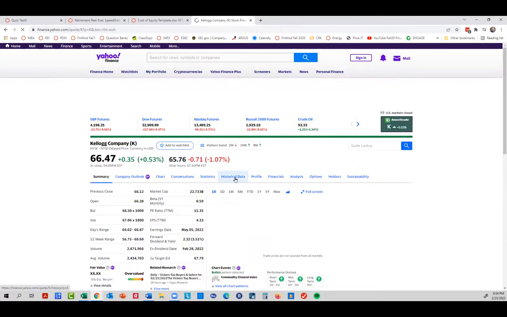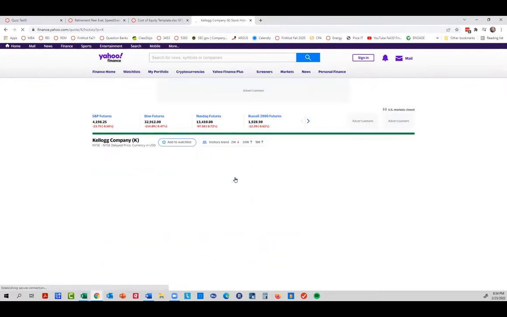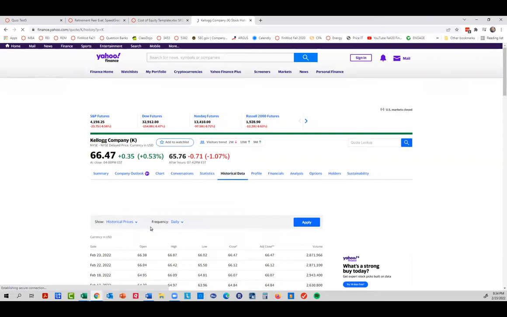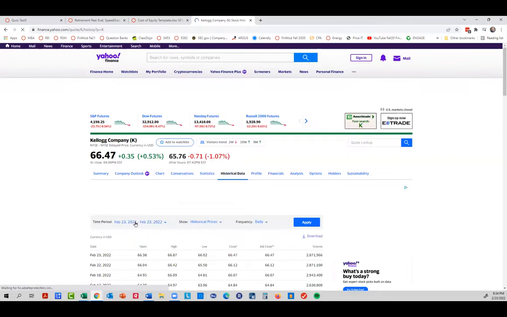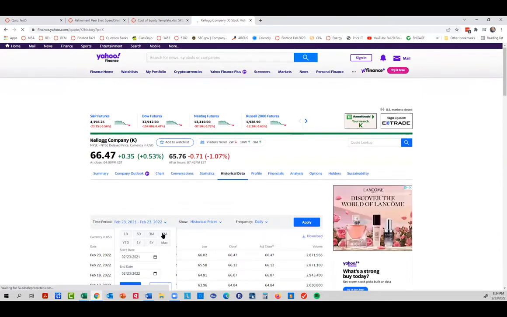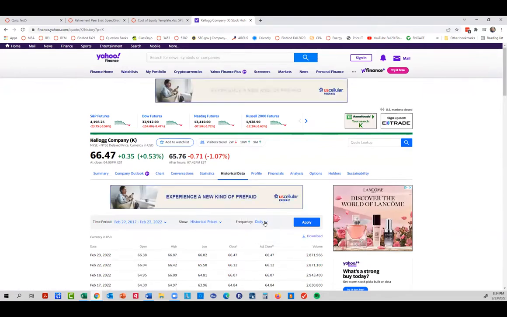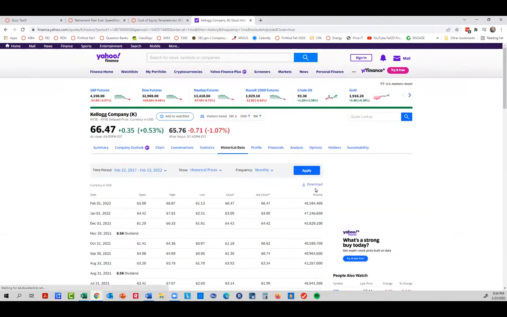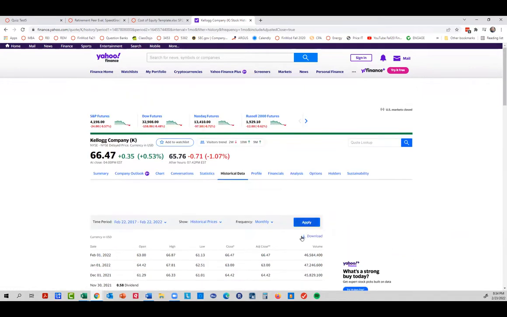And we want to go to historical data. And let's pull 5 years, historical prices, monthly. And when I apply that, I still have a download. So for Kellogg, Yahoo Finance would be my preferred.